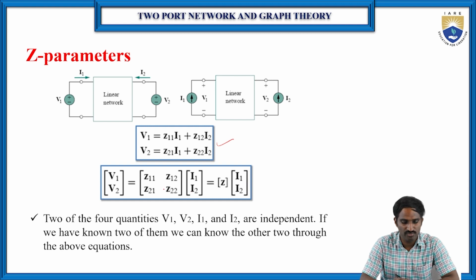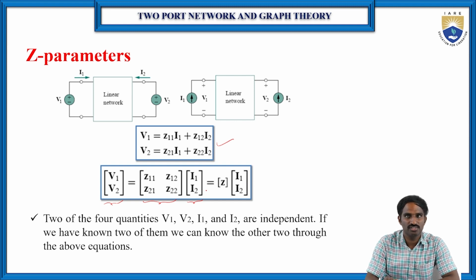Simply, the Z11, Z12, Z21, Z22 matrix can be replaced by Z. This is called the impedance matrix, this is the single column voltage matrix, and this is the single column current matrix.